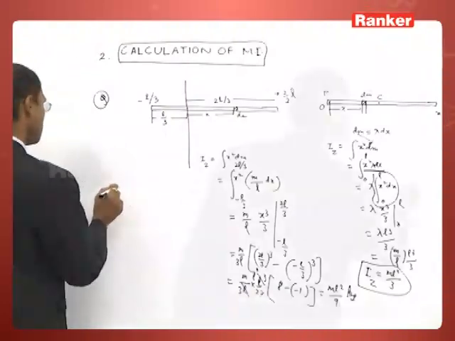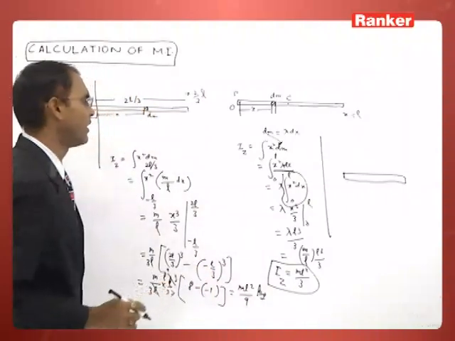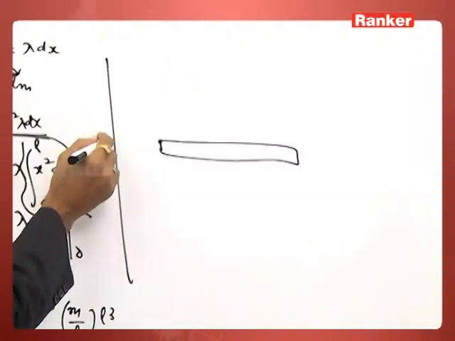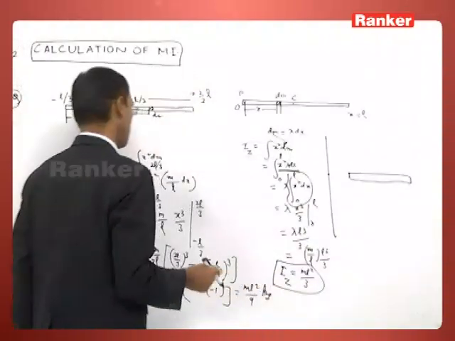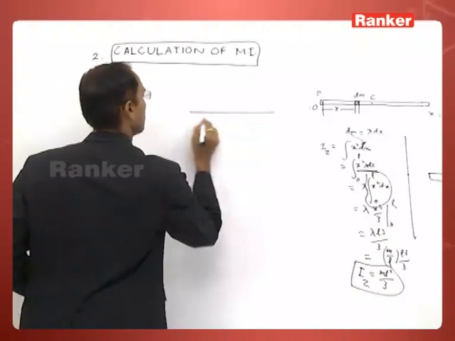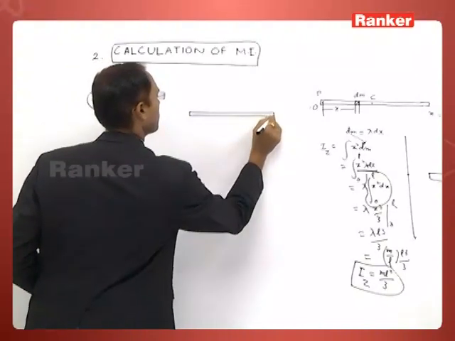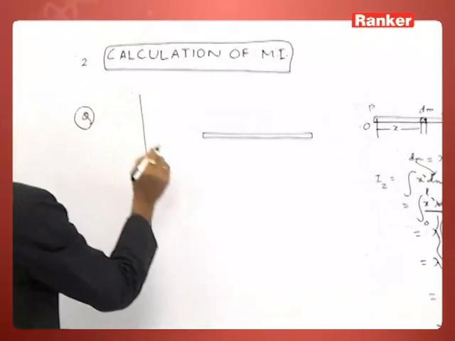Or sometimes the axis can pass through a point, but the axis can lie outside the rod also. In this case, you take a point like this. This is the axis.